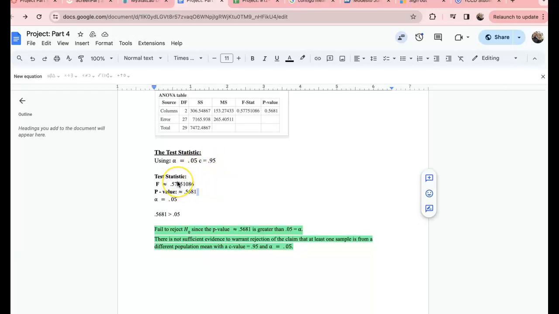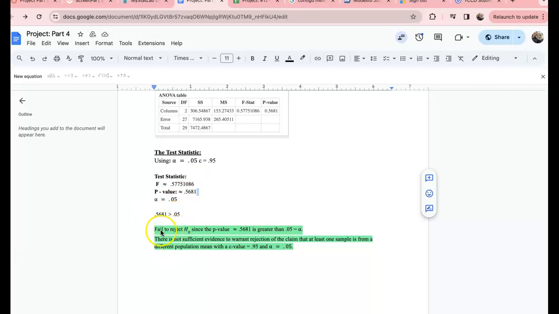Our test statistic is F, approximately 0.57751086, and our p-value is again 0.5681. And we can see here that the p-value is greater than alpha.